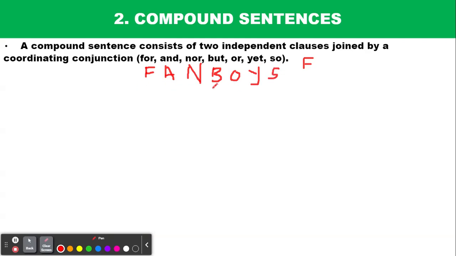So when you want to remember the coordinating conjunctions, you can simply say fanboys, and the beginning of each letter will give you each coordinating conjunction. The F in fanboys stands for, the A stands for and, the N stands for nor, B for but, O for or, Y for yet, and S for so.